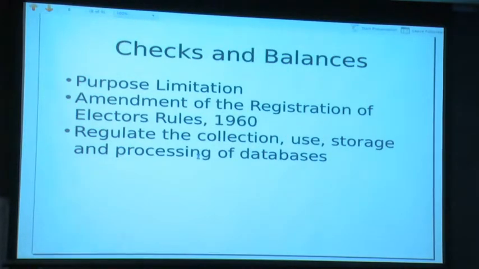So what kind of checks and balances can we have? We can have purpose limitations. The Justice A.P. Shah committee, which was set up to look at the scope of having a privacy law in India, lays down around nine principles, including consent of the person who gives the data, including giving notice to the person who gives the data, and other such principles.